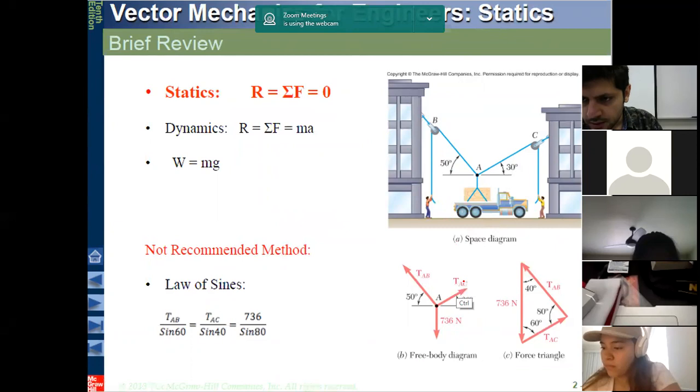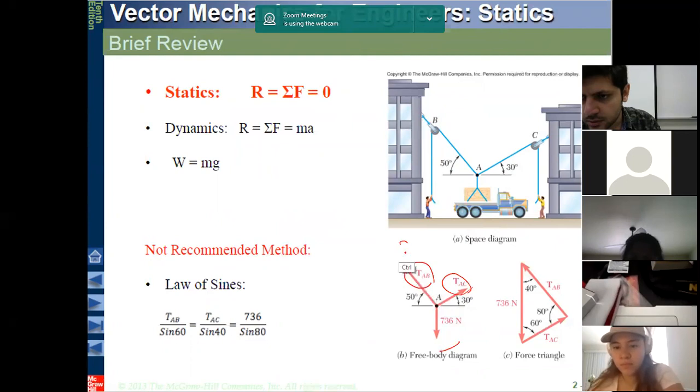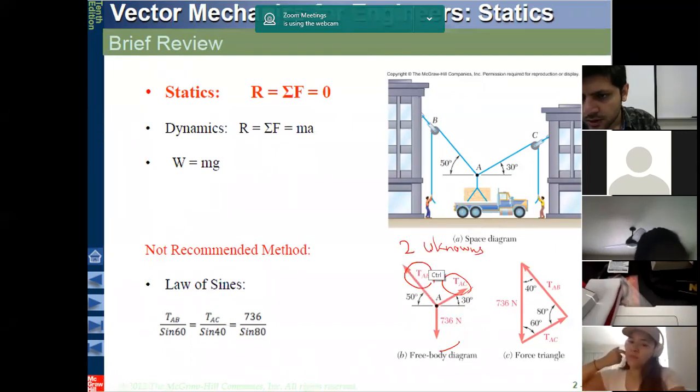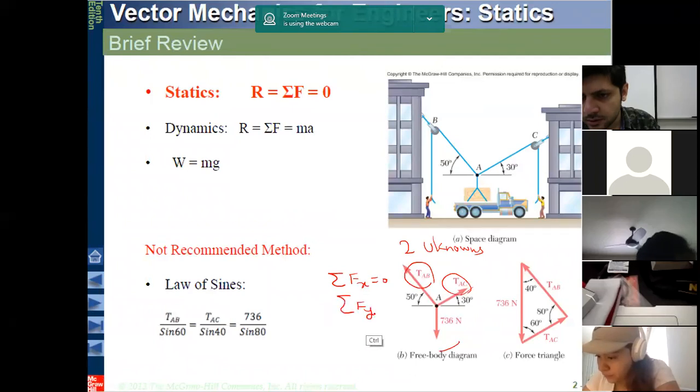So in this system, you have 2 unknowns, and you also have 2 equations. It's a 2-dimensional body, and you have 2 equilibrium equations.